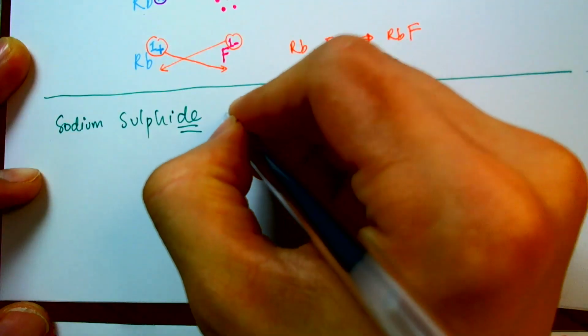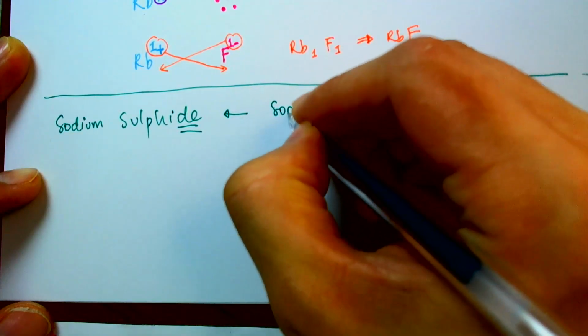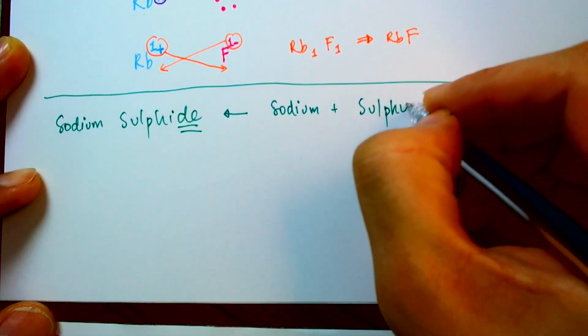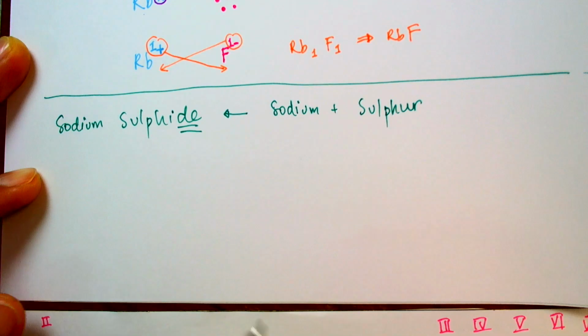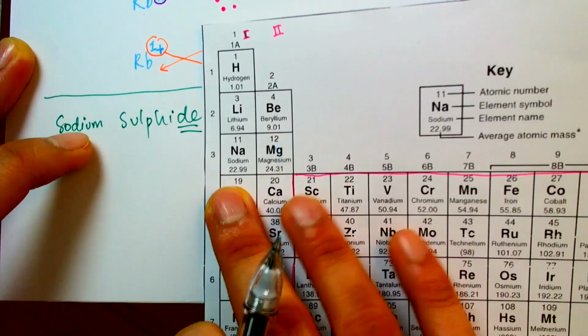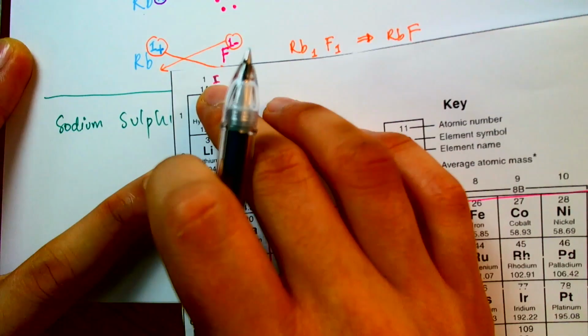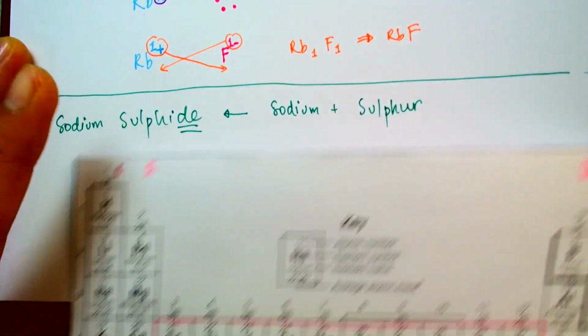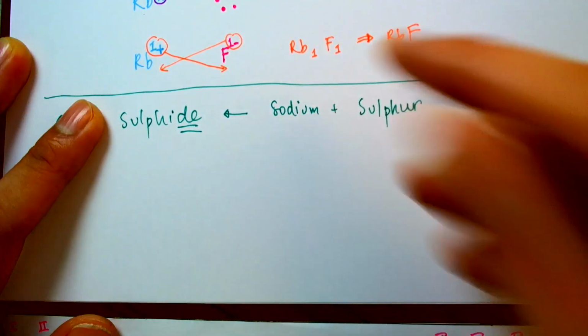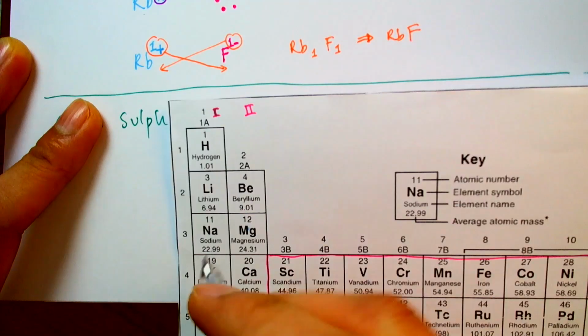So this is actually a combination of sodium and sulfur. Let's look in the periodic table and see if we can find sodium. Sodium's right here, element number 11, and it's in group 1. So sodium's in group 1, therefore, let's check the symbol. Sodium is Na.